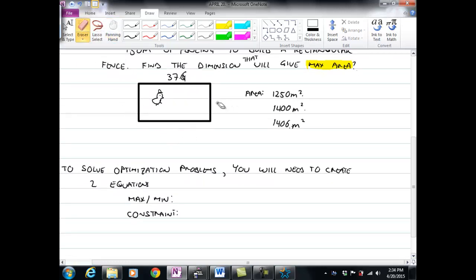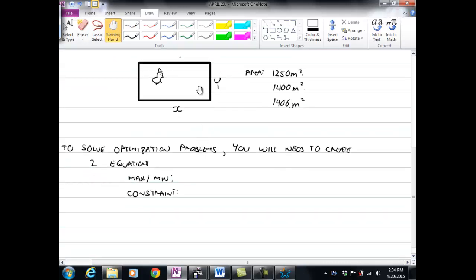I don't know anything about the sides, so I'm going to call this x and this y. Max area using x and y: x multiplied by y equals A, because that's the formula for area.